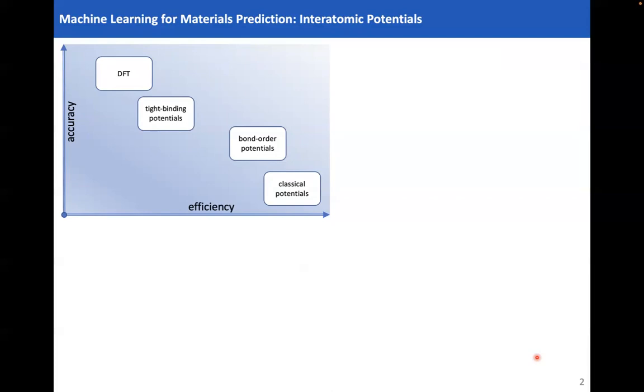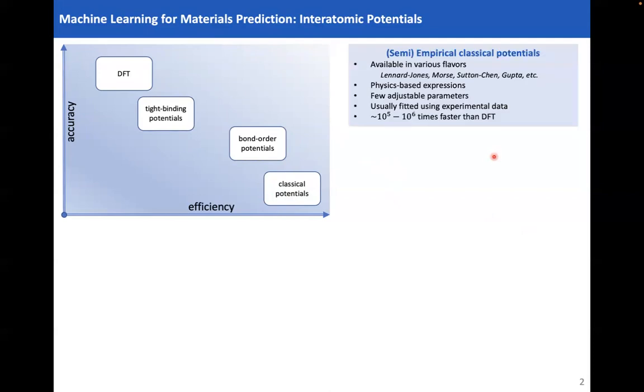we have been familiar with classical potentials for a long time. They are very efficient, shown to be almost 6 orders of magnitude faster than DFT calculations. They are easy to fit, mostly fitted using experimental data.